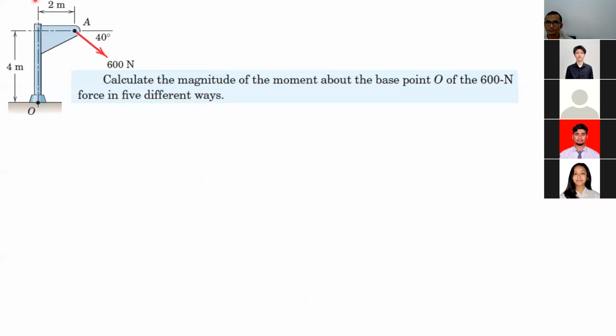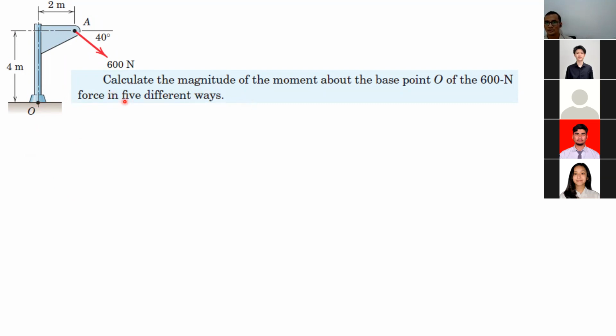We have a pillar with a certain extension like this, and there is a 600 Newton force working at point A. You are asked to calculate the magnitude of the moment at point O in 5 different ways.